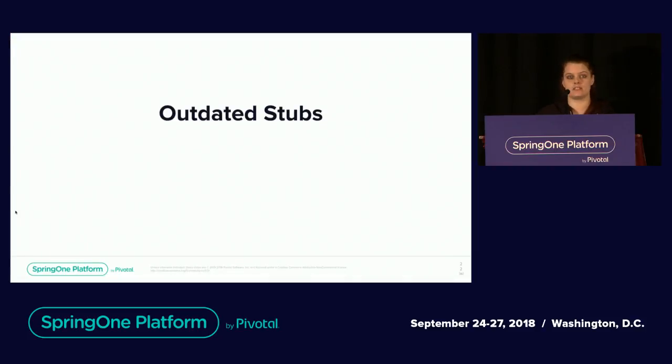And another problem is stubs get rusty, because even if we got it right in the beginning, there is a possibility that the other team will start changing things in the API. And this might not be the best practice, but it still happens. Probably many of you have had this experience if you have been integrating with an external API provider, a public API provider, credit card payment provider, or maybe accounting service provider, and they give you documentation.